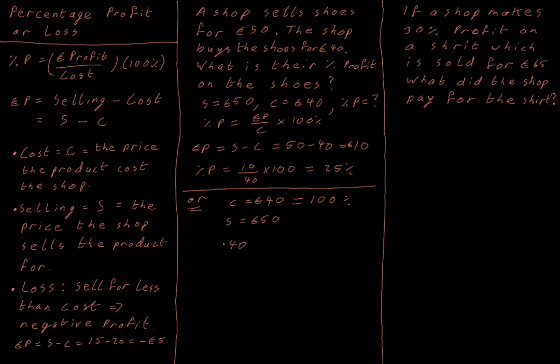Well, if we know that 40 euro is equal to 100%, to find out what 1 euro was as a percent, we would divide both sides by 40. So 1 euro is going to give us 2.5%.